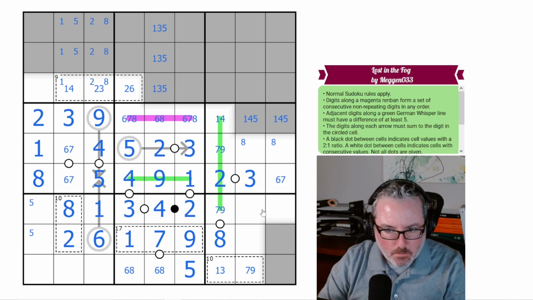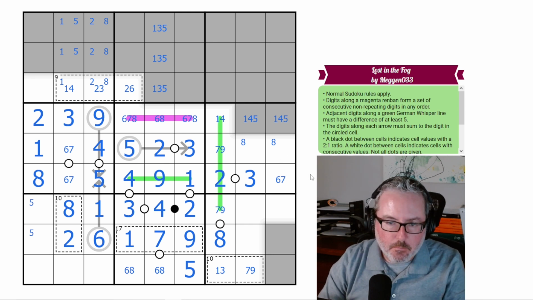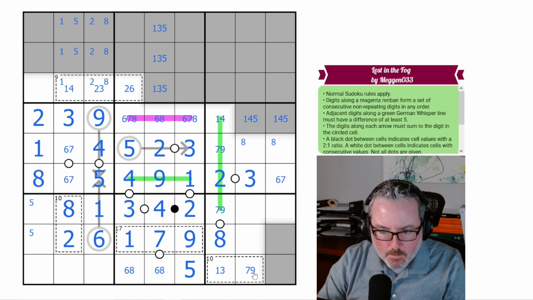And yeah, I don't see anything else on this row we can work with at the moment. This clue is still kind of just sitting here looking at me, not doing a whole lot. We know there has to be a 1 in one of these two.